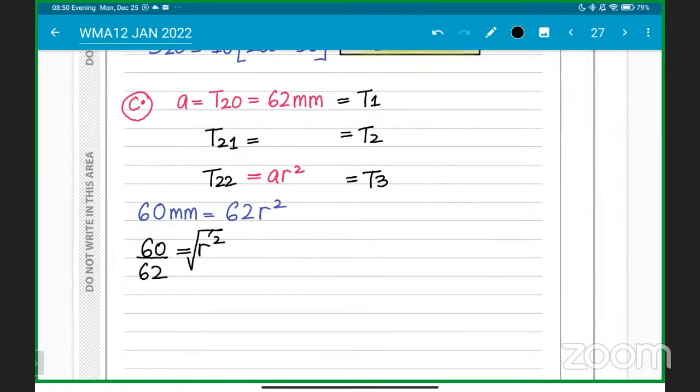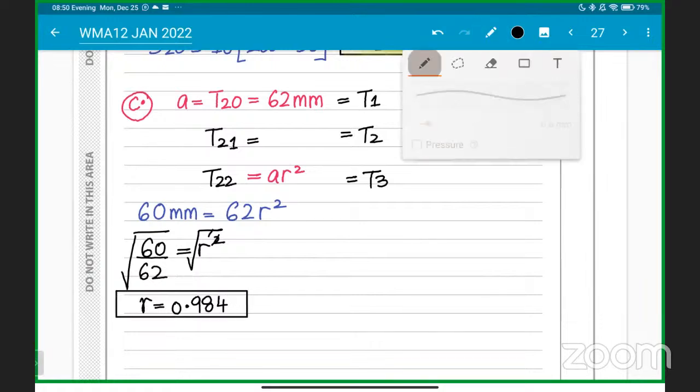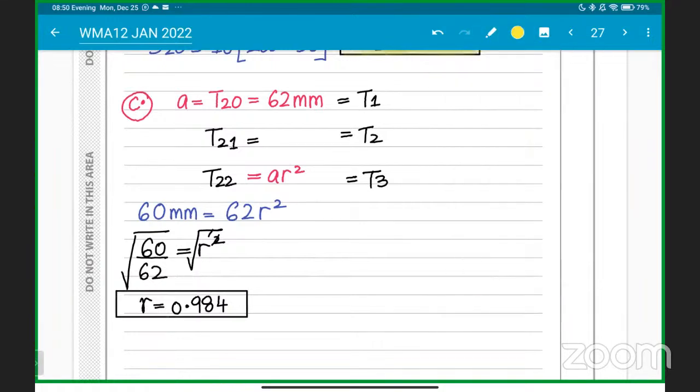So R is equal to the square root of 60 divided by 62. We will get R to 3 decimal places as 0.984. Make sure you give the answer according to what is required in the marking scheme. That is how we get the common ratio R as 0.984.